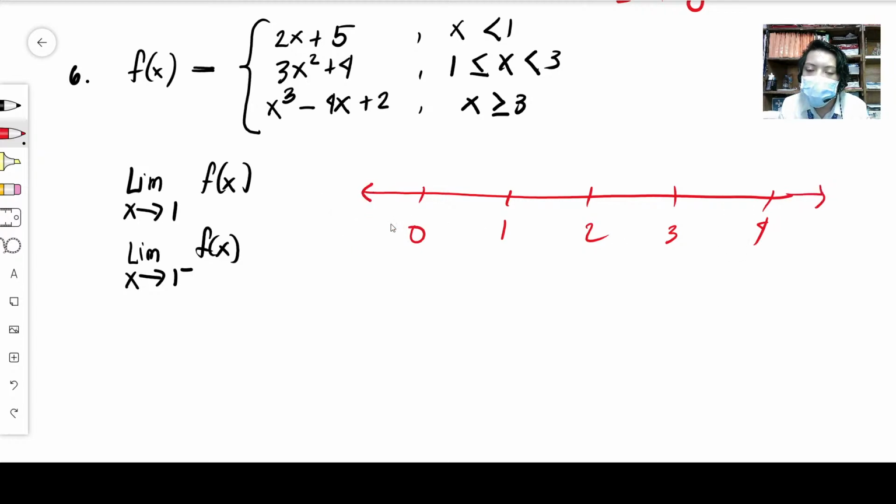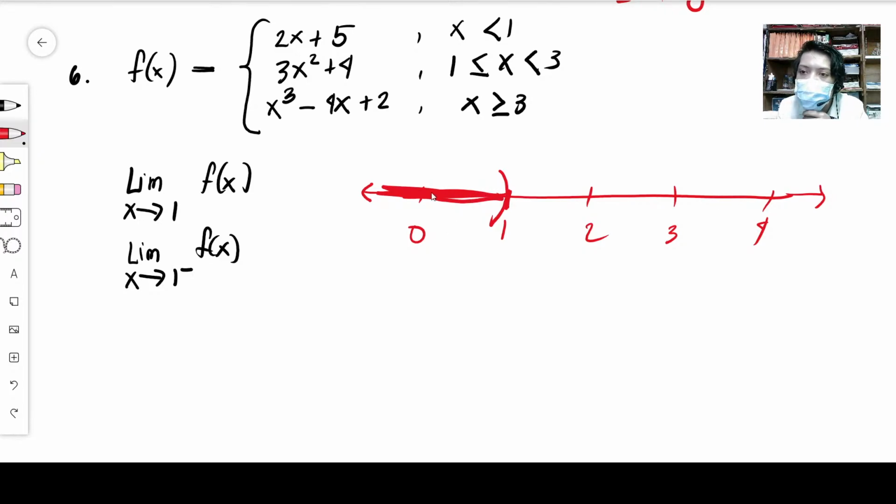Coming from the left, this is the left hand limit. So the limit of the function as x approaches 1 coming from the left of 1.